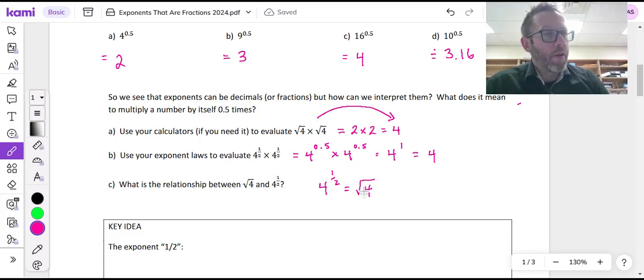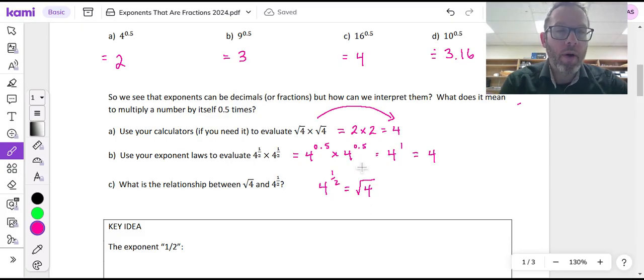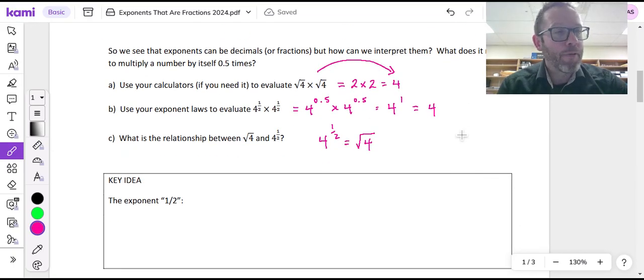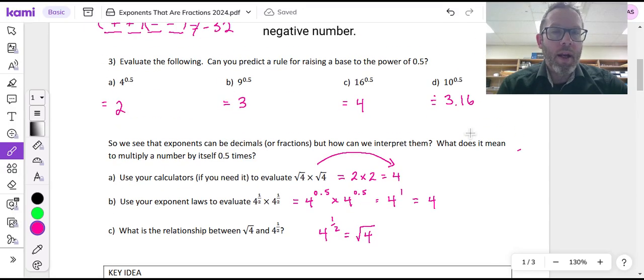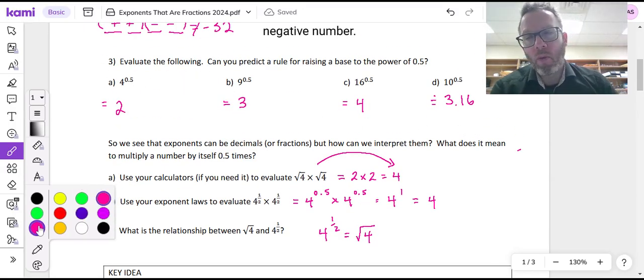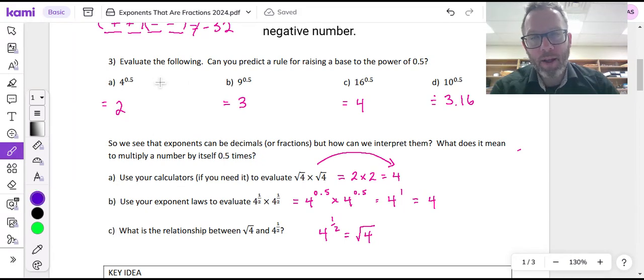The connection is that the root of 4 and 4 to the power of a half are the same thing. And I could have done this with any base. I didn't have to choose 4. I get the same result. The exponent of a half means to square root. And if you go back to the ones we did above, the root of 4 is equal to 2.